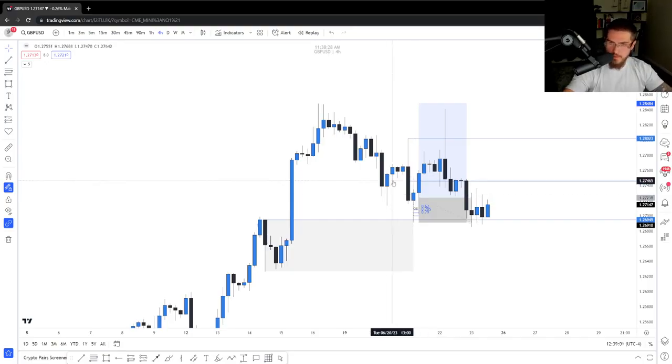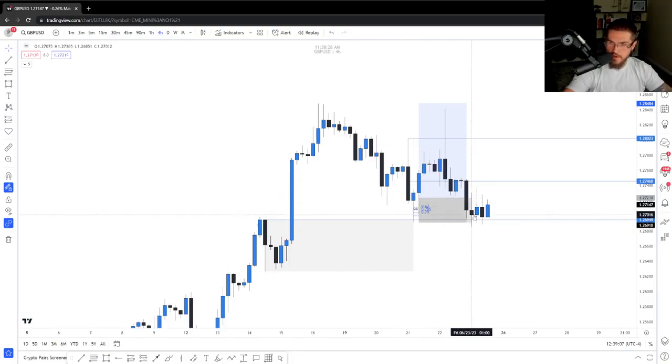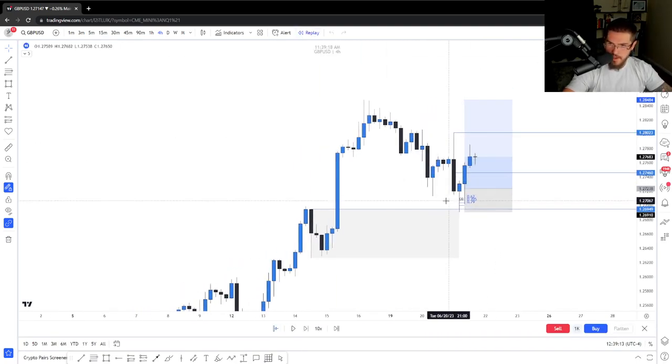And you hear me talk on the streams all the time about the weekly profile, we're likely to put in the low of the week on a Wednesday. Now, we actually made a lower low on Friday, but at this time, that was another thing I was looking at, right? So you're always looking for reversal conditions on Tuesday and Wednesday if other analysis lines up with it.